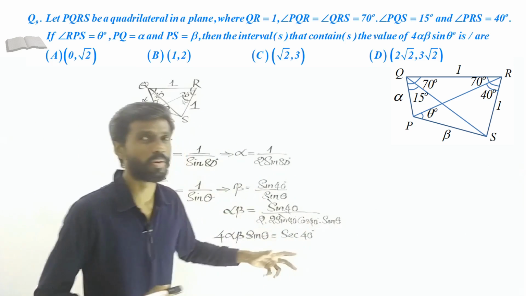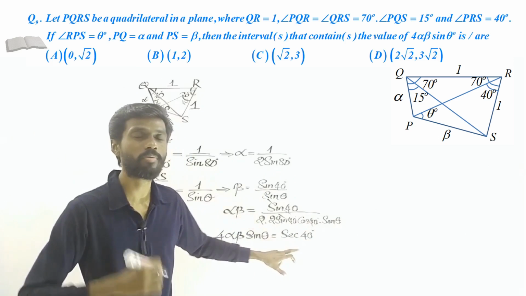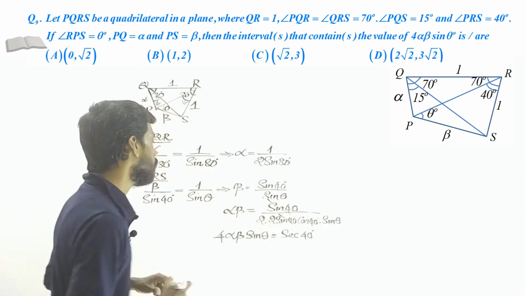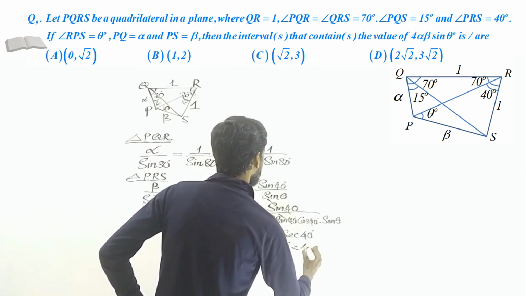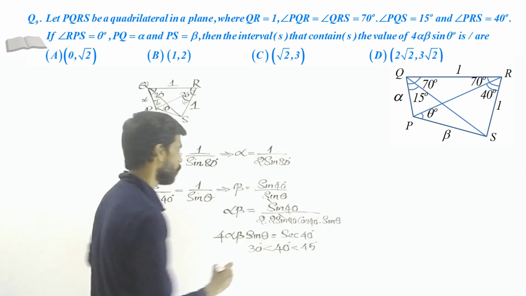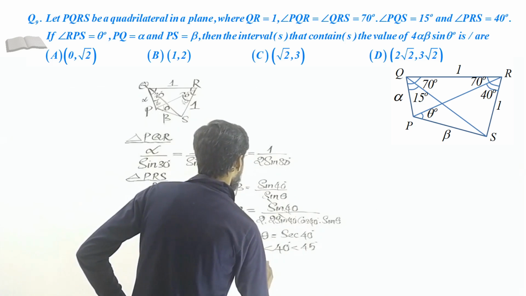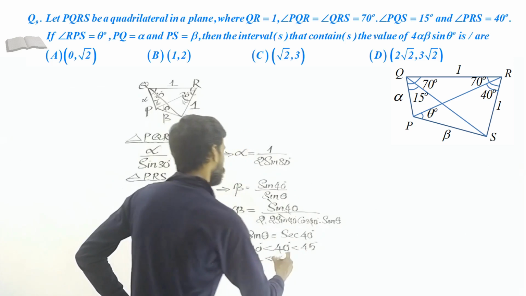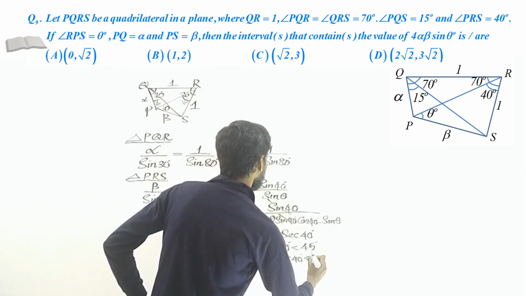40 degrees we don't know, but 45 degrees we know, right? And similarly 30 degrees. This 40 lies between 45 and 30 degrees. Secant 30 is 2 by root 3, which is less than secant 40, and secant 40 is less than secant 45 degrees, that is root 2.